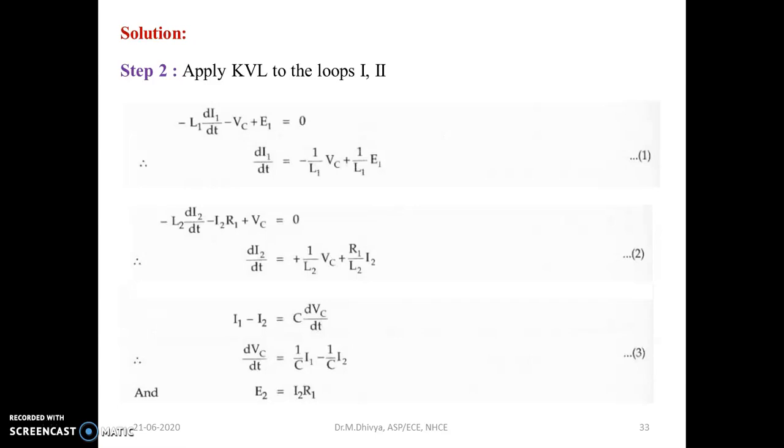Rearranging, we get di1 divided by dt is equal to minus 1 divided by L1 into Vc plus 1 divided by L1 into E1.